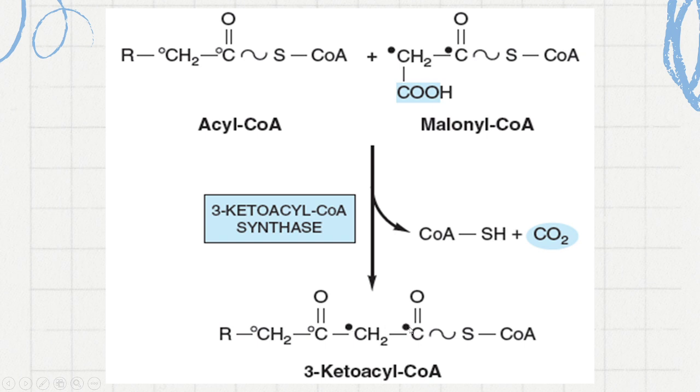The black dots here represent the carbon atoms that came from malonyl-CoA, while the circles here with the empty center represent the carbon atoms that come from the acyl-CoA.